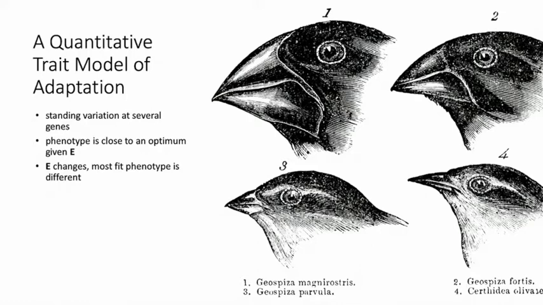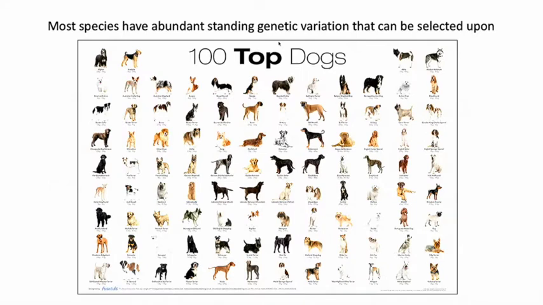And then there's some environmental change, like think about global change, which changes the optimum for that trait. So what happens is when the environment changes, the most fit phenotype is different, and then that character will move to that new optimum, often very quickly, right?